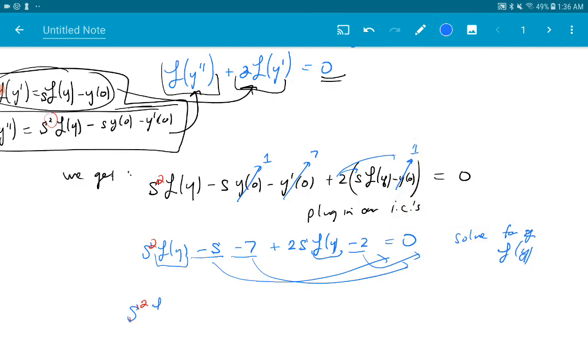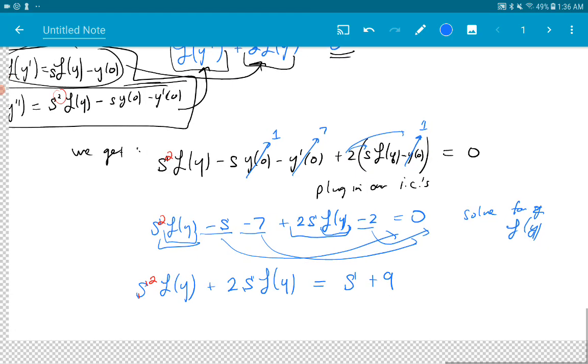S squared L of y plus 2s L of y. That's these two terms. And all the other terms should be on the right. So equals s plus 9. The 2 and the 7 add up to 9.